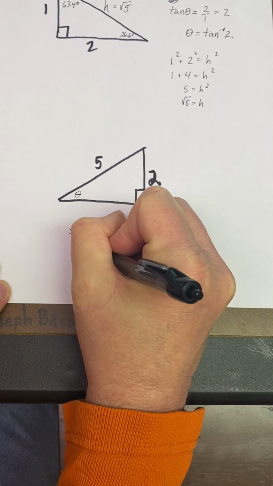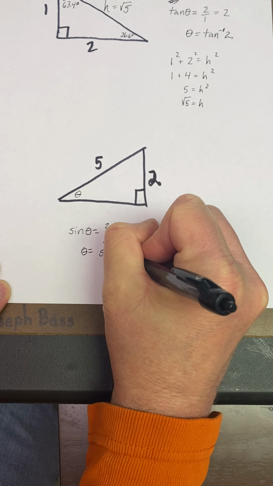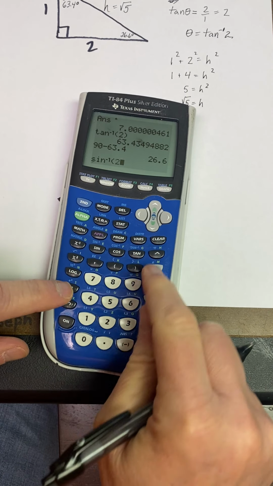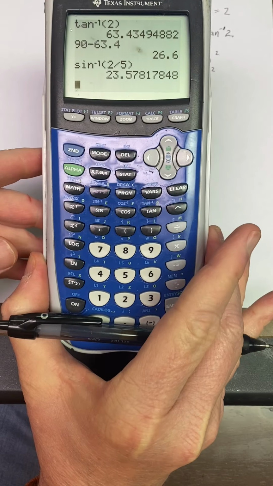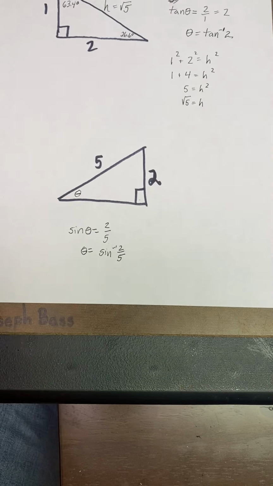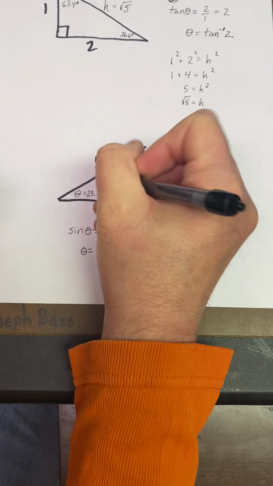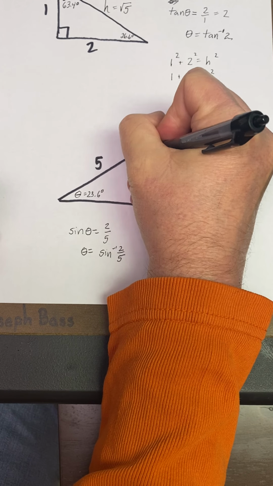So theta is the inverse sine of 2/5. It's the angle whose sine is 2/5. Use my calculator, inverse sine of 2 divided by 5, is 23.6 degrees. So theta is 23.6 degrees. And 90 minus 23.6, this one has to be 66.4.